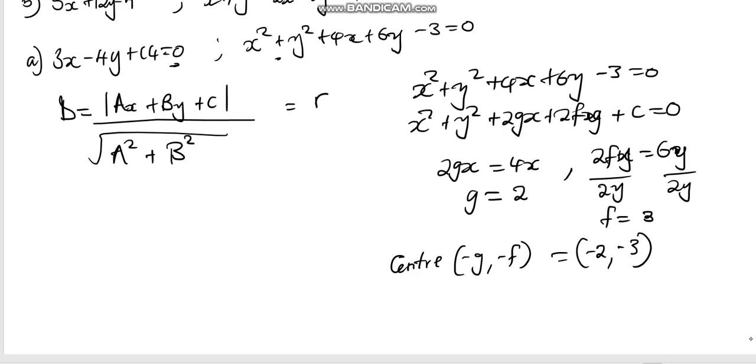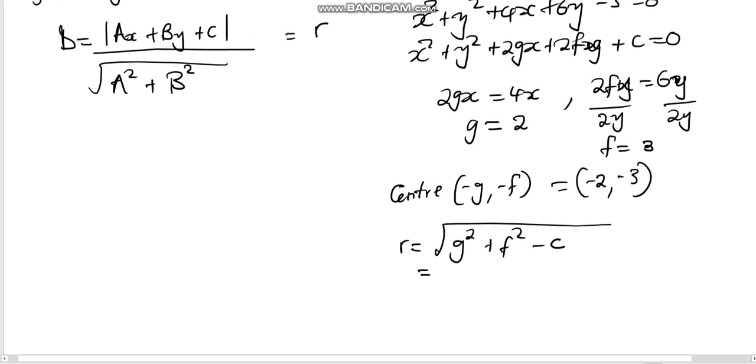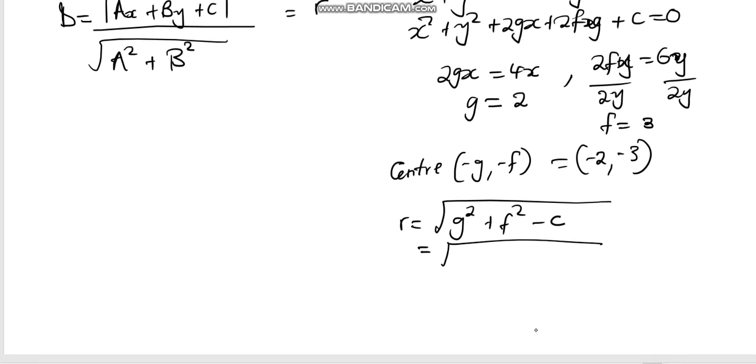Now the radius can be found by the square root of g squared plus f squared minus c. So we'll have the root of 2 to the power 2 plus 3 to the power 2 minus negative 3.